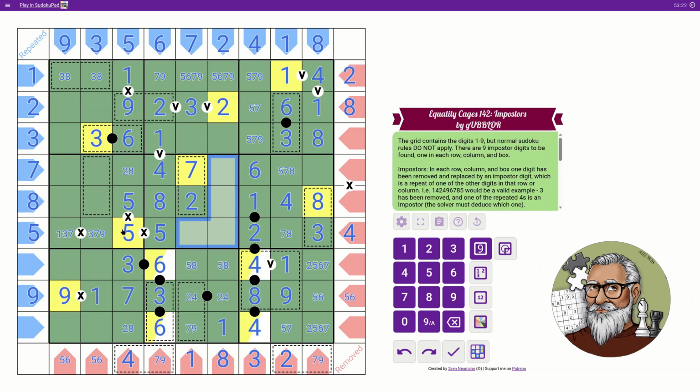Is it worth pencil marking that? It might be. Hold on. Because this one isn't 3. Oh, these aren't 3 either. Oh, this becomes a 1, 9. Oh, that's probably more important. This becomes a 1, 9.